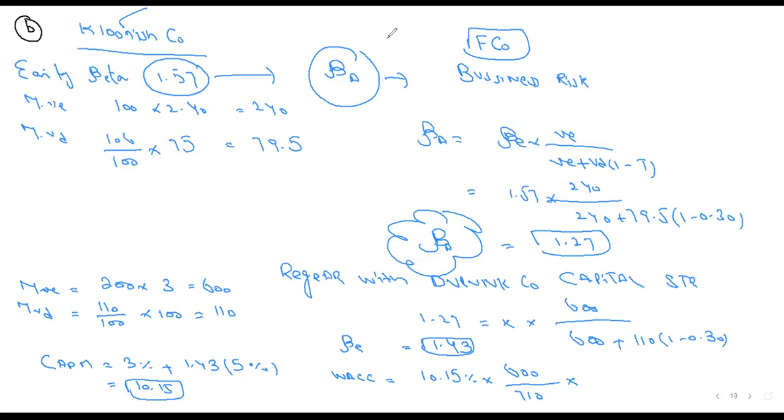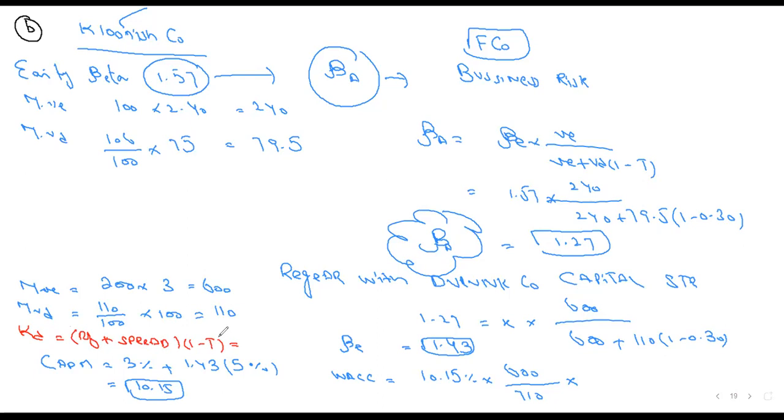What about the cost of debt? In this question, the examiner has told you the company rating. Why has the examiner told you? Because the cost of debt formula is risk free plus spread, into 1 minus 3.